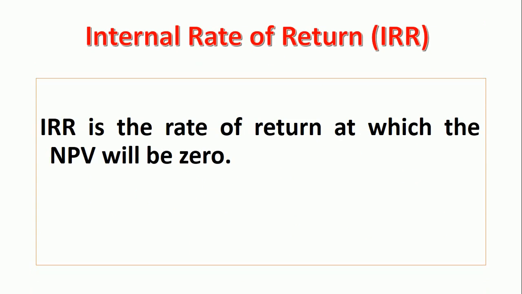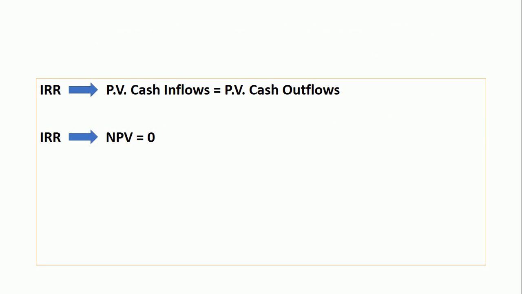Internal rate of return is the rate of return at which the net present value will be 0. You can say internal rate of return is where present value of cash inflows equals present value of cash outflows, or where net present value equals 0.